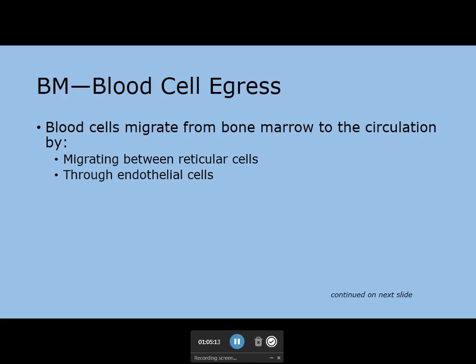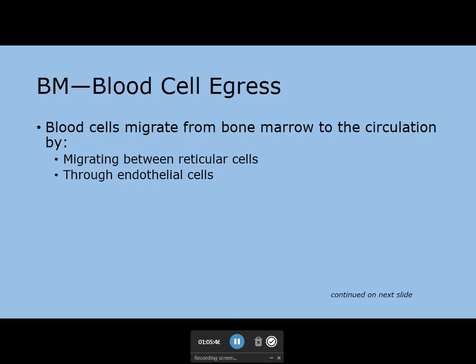All right, blood cells migrate from bone marrow to the circulation. This is called egressing. Egress is when it migrates from one place to the other, and they do it through the endothelial cells. Basically, your endothelial cells are lined up like this, so the blood cells have got to squeeze through them to get into the bloodstream.